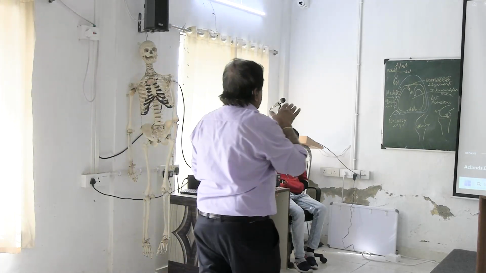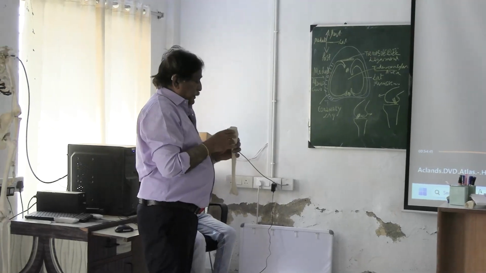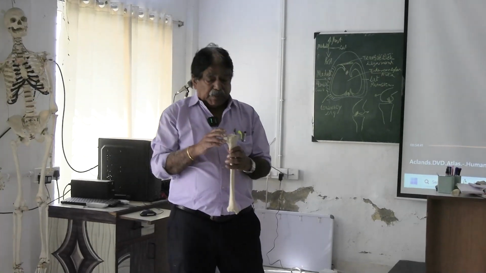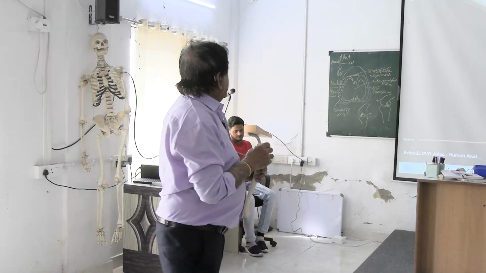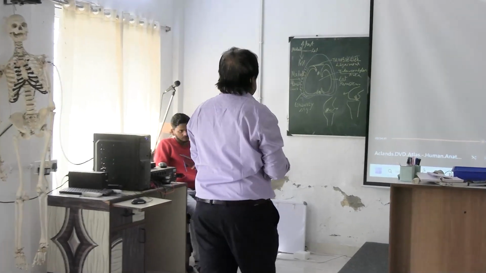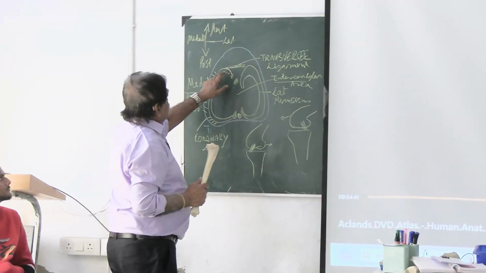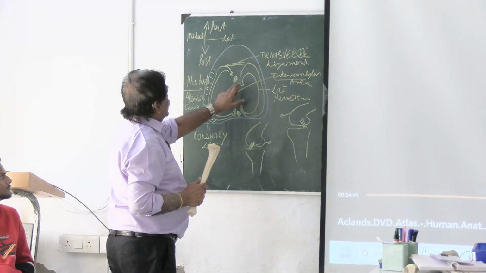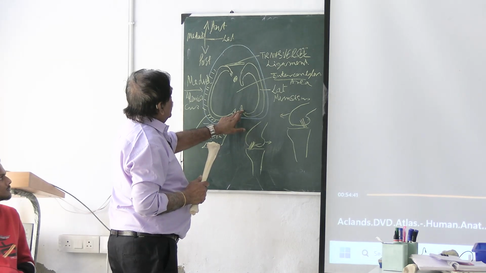Now the side shows the coronary ligaments forming the knee joint, the intertubercular sulcus. These are the anterior horns of the menisci. This is the posterior horn, anterior horn, and posterior horn.